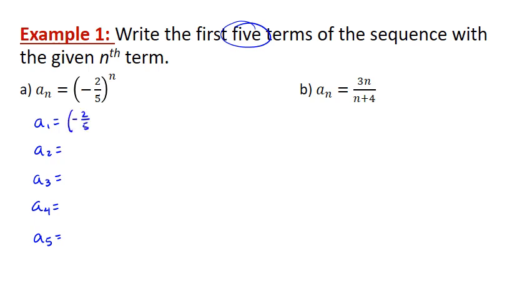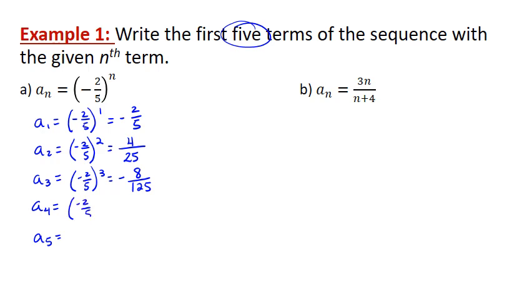So negative 2/5 to the power of 1 is simply negative 2/5. Moving on, now n is 2, so negative 2/5 to the power of 2. We square everything here and we end up with 4 over 25. Moving onward, we have negative 2/5 cubed. This is a negative 8 over 125.